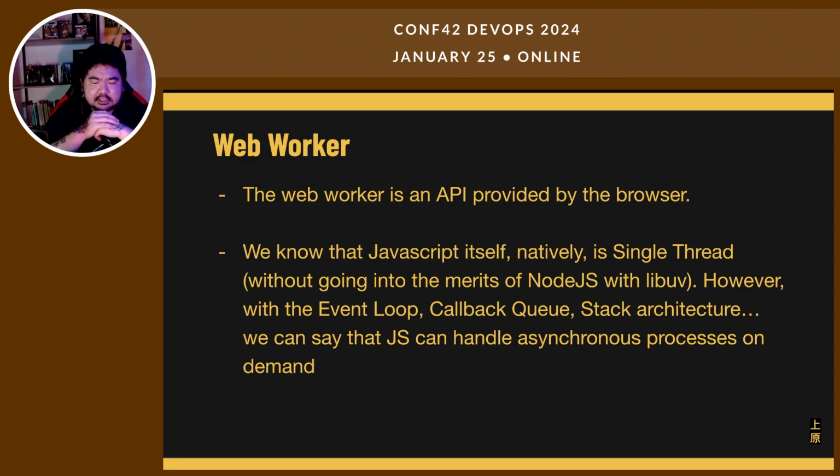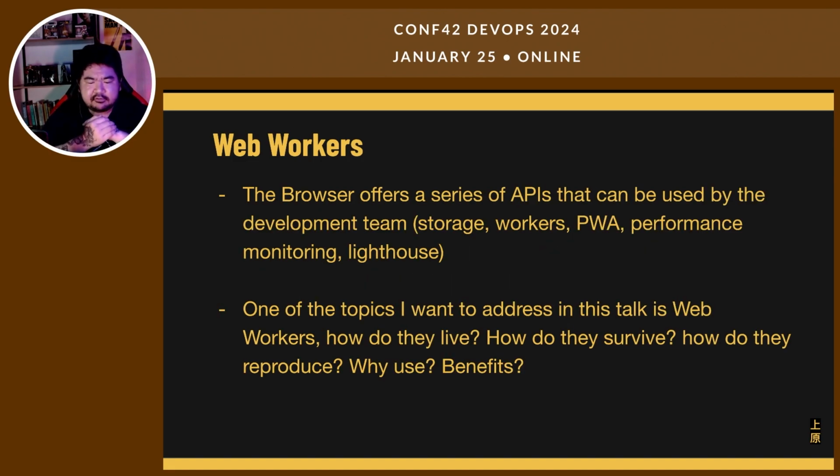And we can say that JavaScript can handle asynchronous processes on demand. So the browser offers a series of APIs that can be used by development teams, like storage, for example session storage, local storage, IndexedDB, workers, PWA, performance monitoring, Lighthouse, DevTools, and a lot more features.